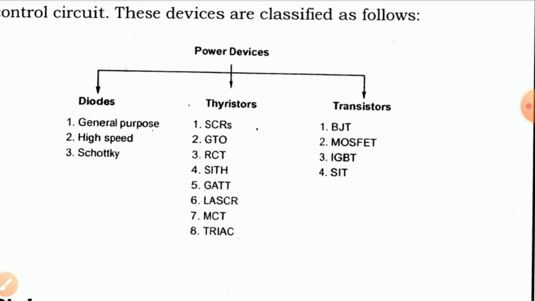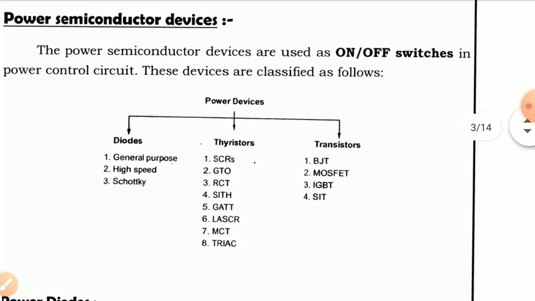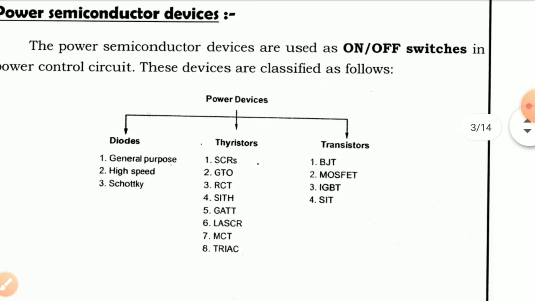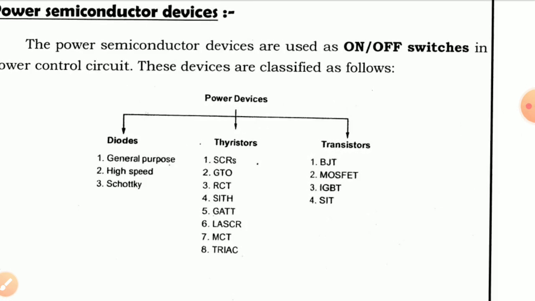Then SIT, static induction transistor. The transistors and thyristors will be studied in the third and fourth modules respectively. In the first module we will discuss diodes, rectifiers and more. This is the classification of power semiconductor devices: general purpose diodes, thyristors and transistors.